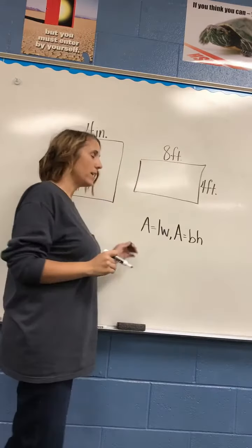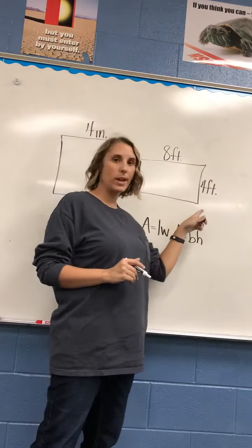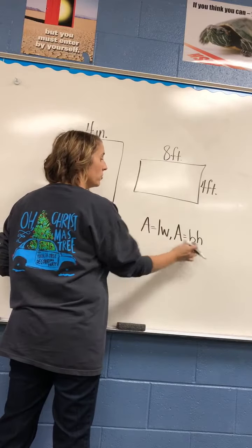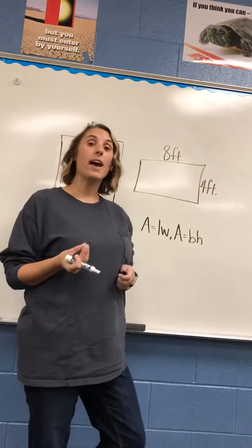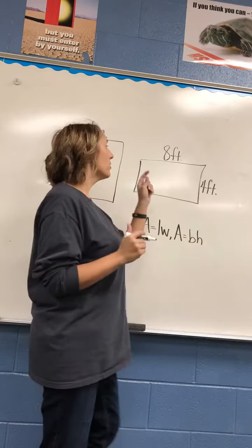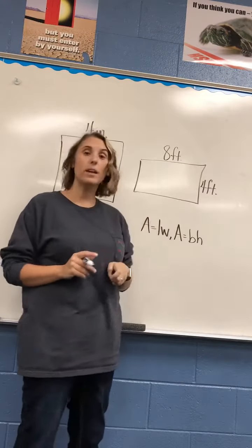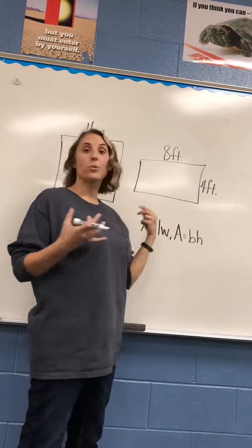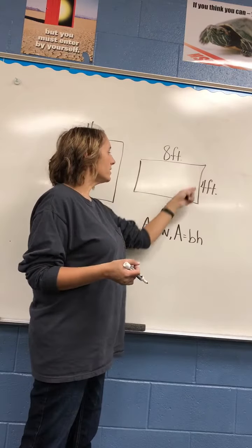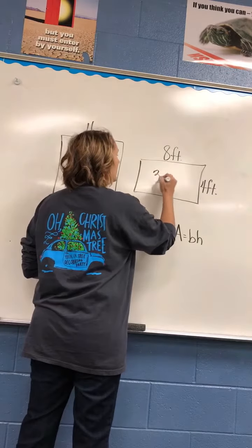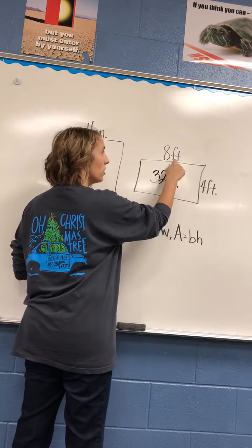You're talking about the same thing. It's one side and the other side. Remember, when two letters are side by side like that, you multiply them together. So in order to find the area, I have to multiply one side times the other side. We are really good at this, so we know 8 times 4 is 32. So the inside of this would be 32.